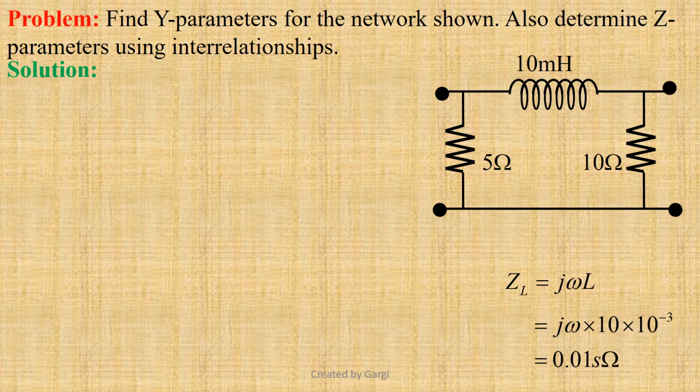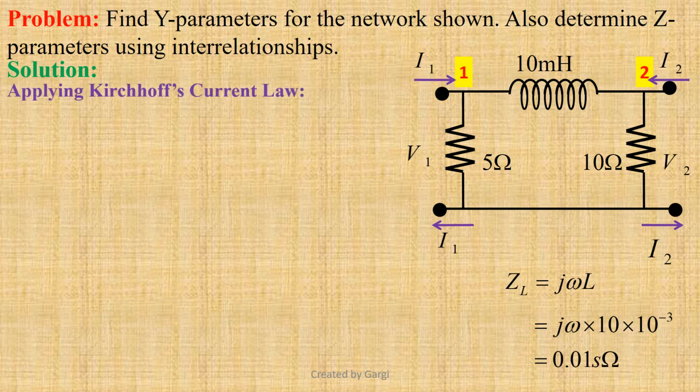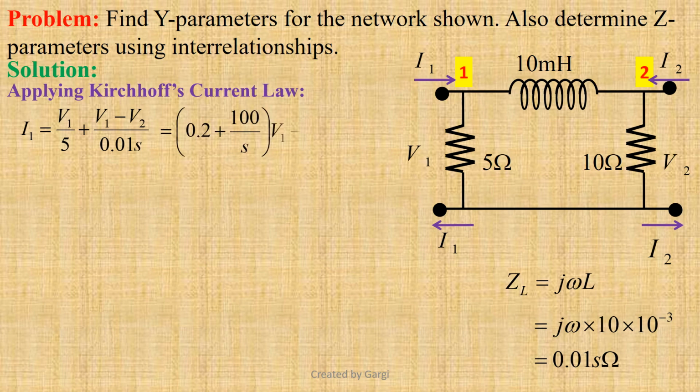Let the port voltages be V1 and V2 and port currents be I1 and I2. Let us mark the nodes 1 and 2. Applying Kirchhoff's current law at node 1, we can write I1 equals V1 by 5 plus V1 minus V2 divided by 0.01 S. Therefore, I1 equals 0.2 plus 100 by S times V1 minus 100 by S times V2.